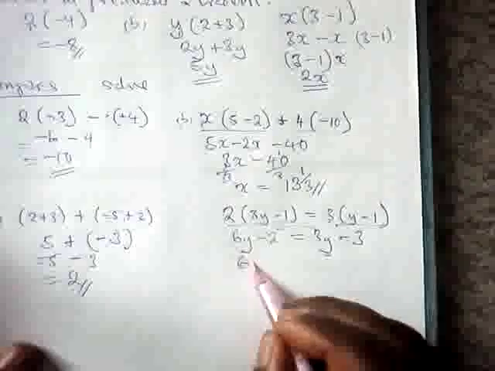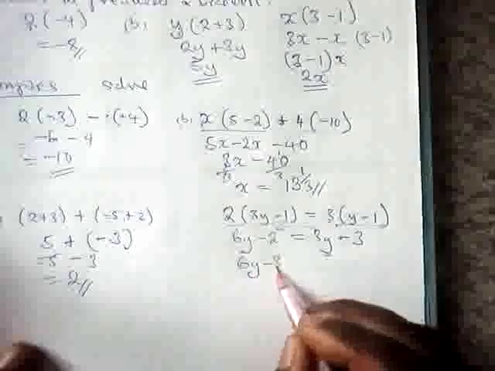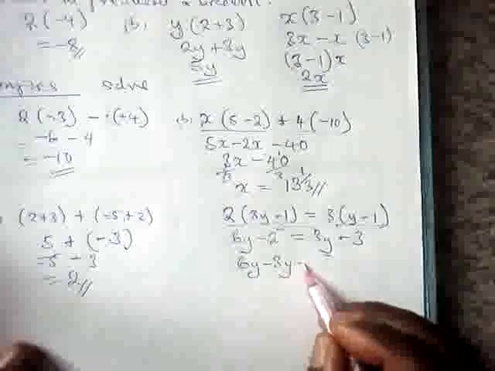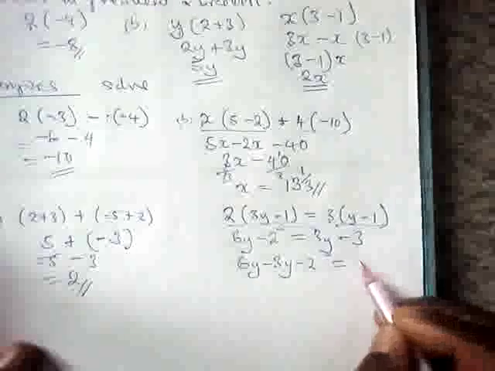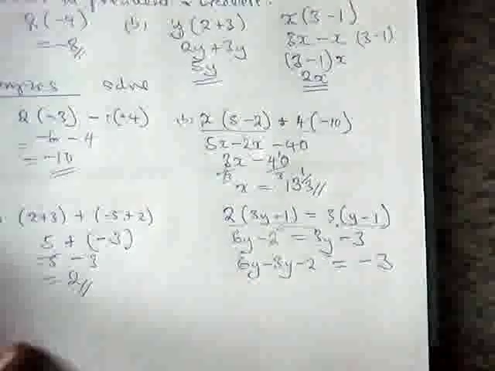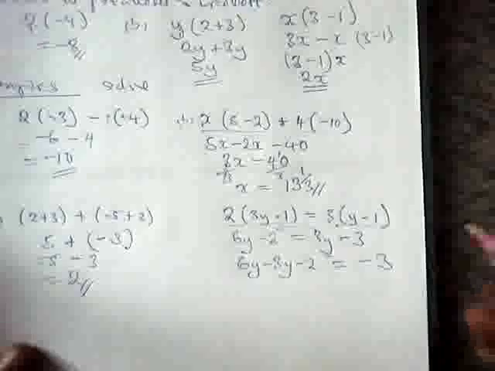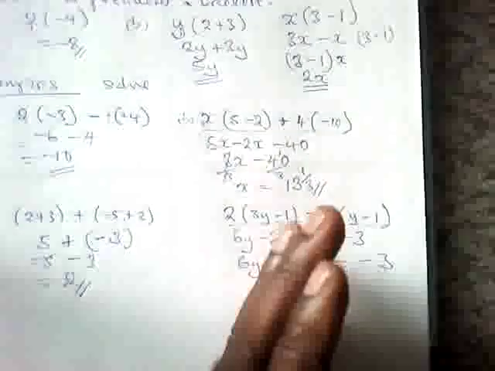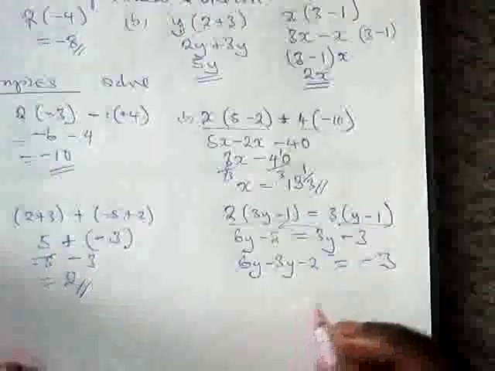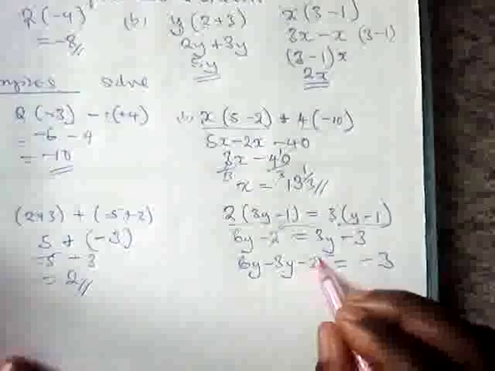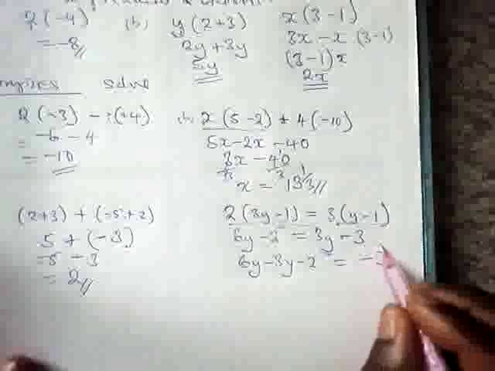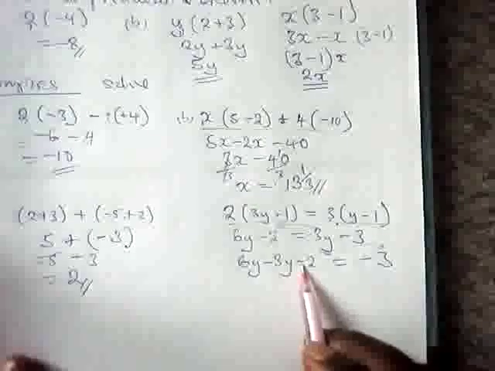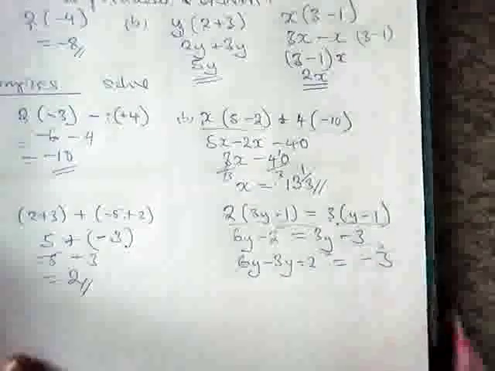So it will be 6y minus 3y, then minus 2 is equal to negative 3. Negative 3 has remained alone there. We want constant numbers to the right alone. We want letters, variables, to the left alone. So this also will go that side. These two will jump and go that side. It's negative. When it crosses the equal sign, it will be positive.